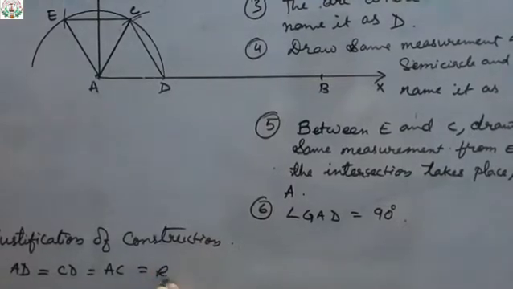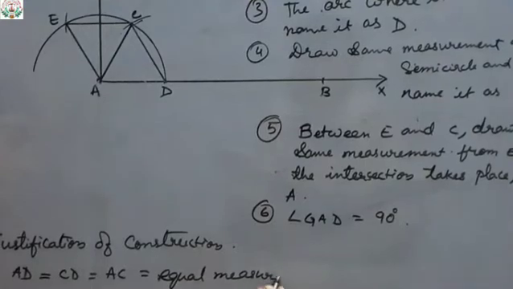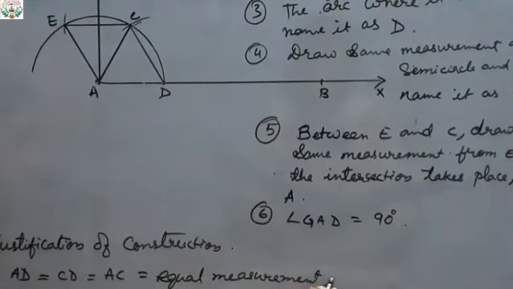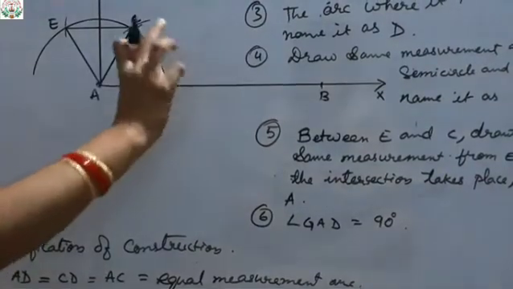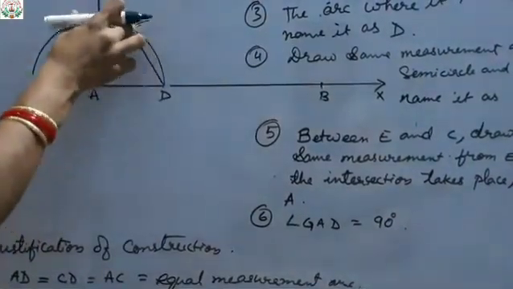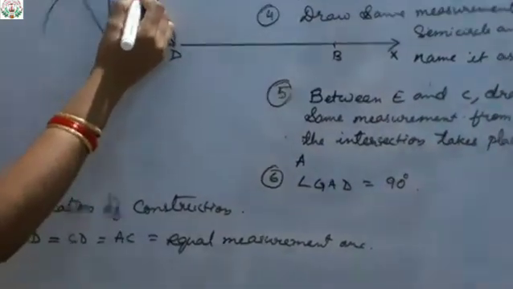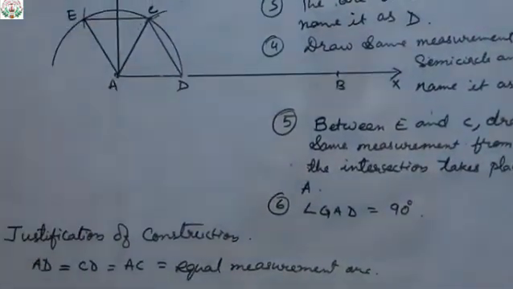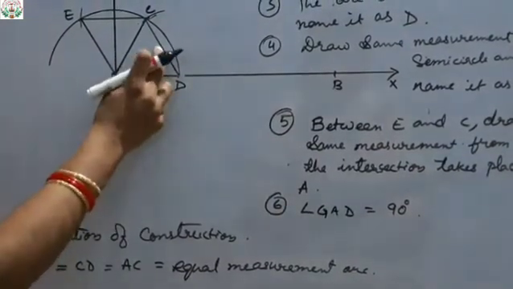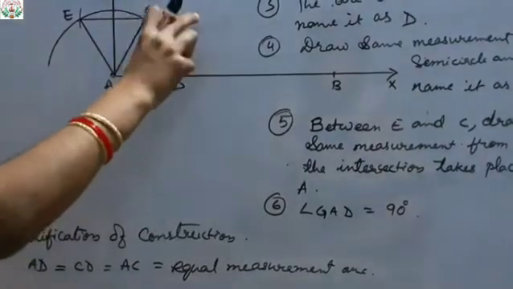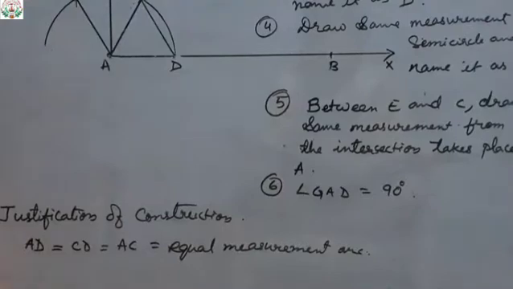You can write equal measurement arc, because same measurement we have taken here and cut here an arc, then again here an arc. Is it not? So this is the radius, this is also the radius of the semicircle, so they are equal, and this is equal to this because same arc we have done the cut work. Okay, that is why equal measurement arc.